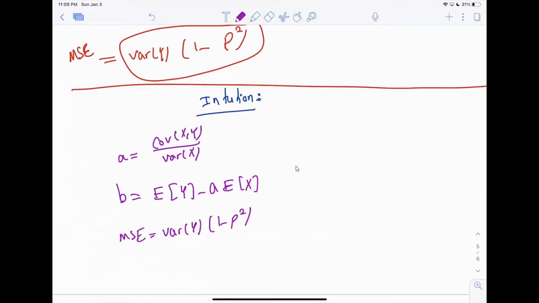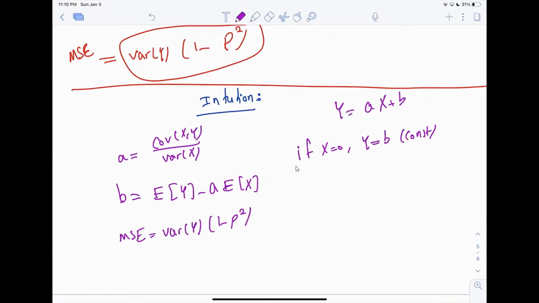Let's get some intuition about these equations. This happened under the case when y is equal to ax plus b. If x is 0, x does not exist, this means y is equal to the constant b.